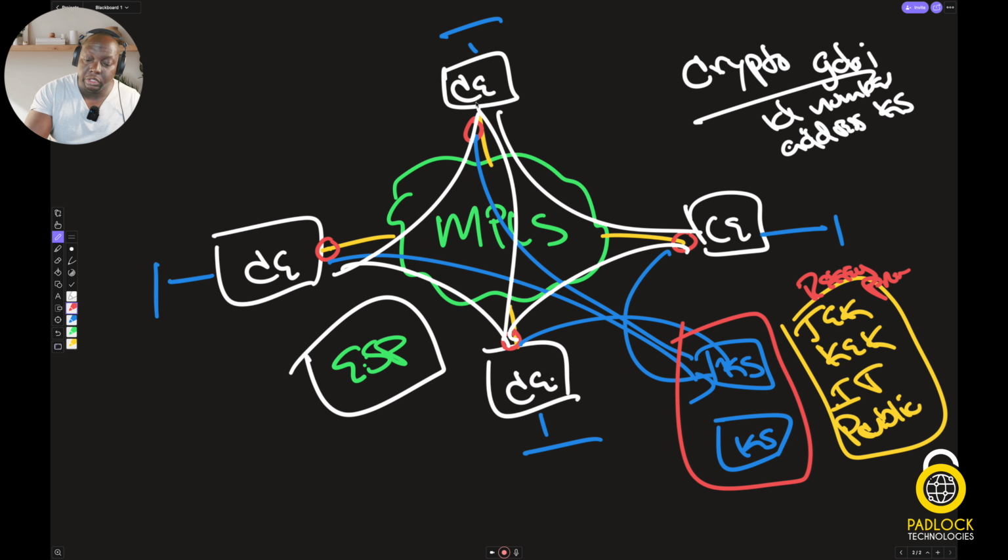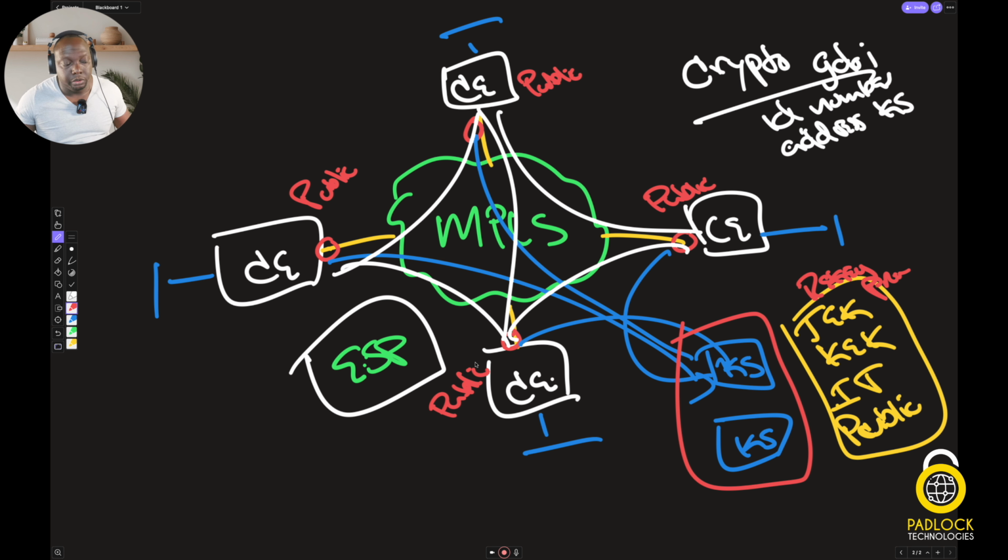Then each of these CEs uses the public key that they downloaded from the key servers to validate those rekey messages. If you lose the key server, you pretty much lose the ability to validate the rekeying messages, and then this whole thing falls down.